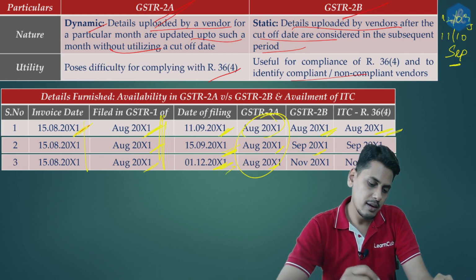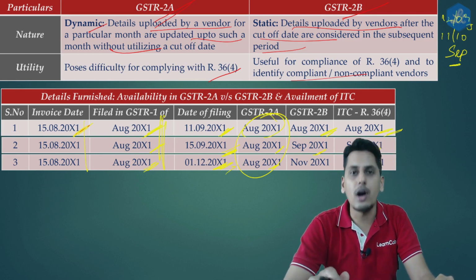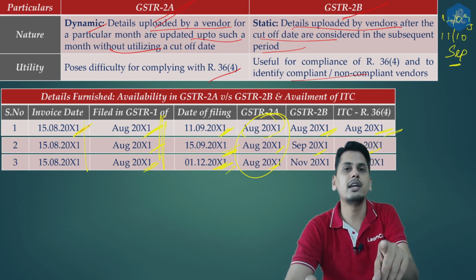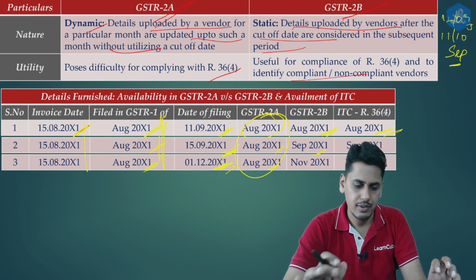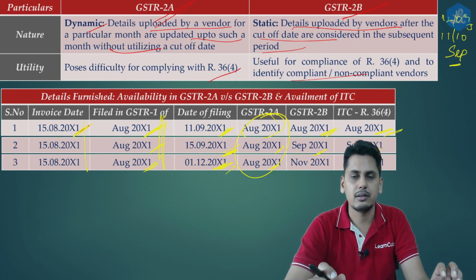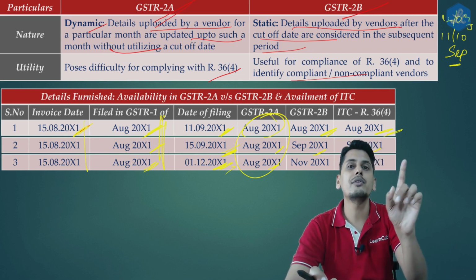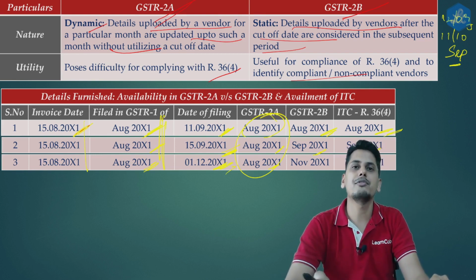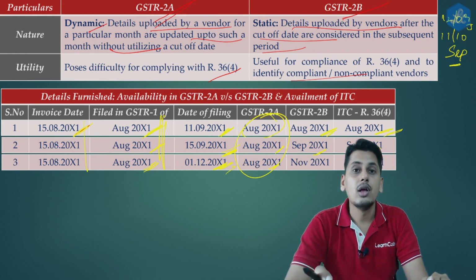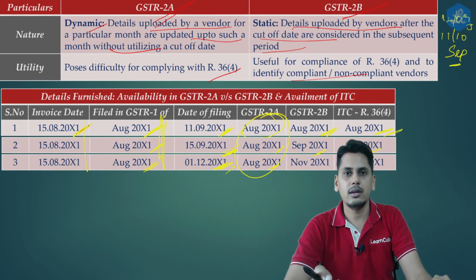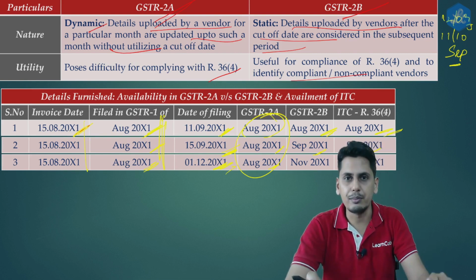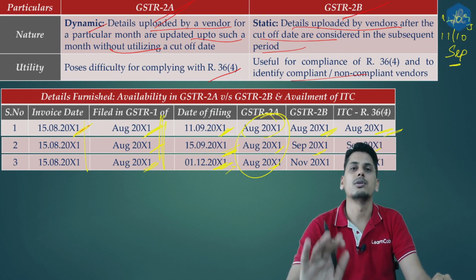For it to appear in 2B of August, it should have been filed by 11th of September. Is it done? No. For it to appear in 2B of September, this should have been filed by 11th of October. Is it done? No. For it to appear in 2B of October, it should have been filed by 11th of November. Is it done? No.